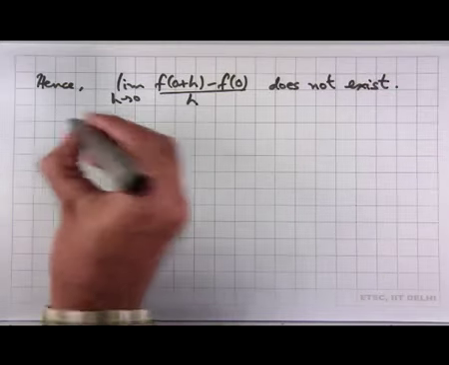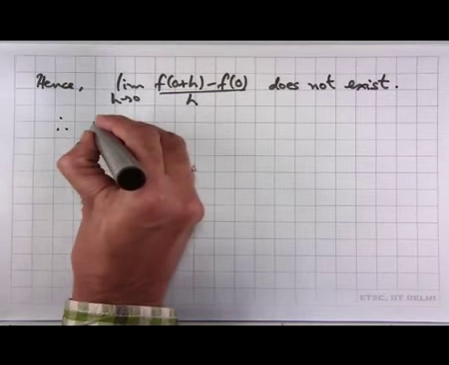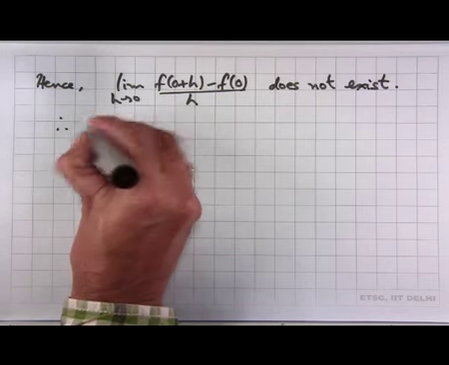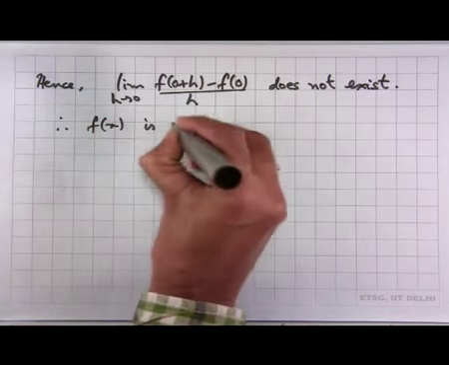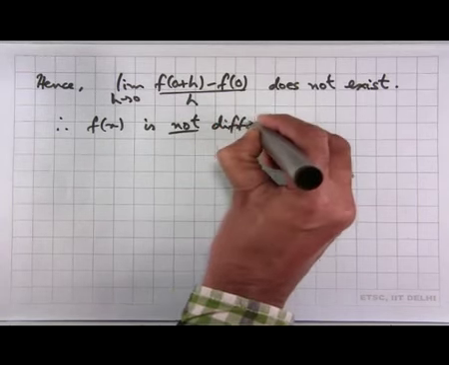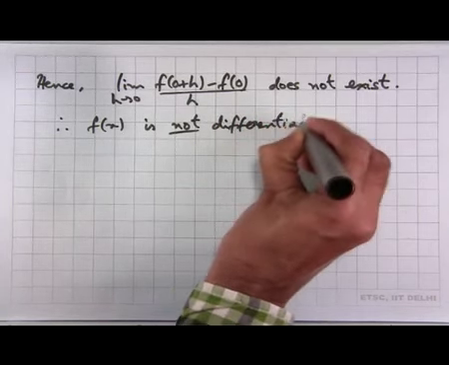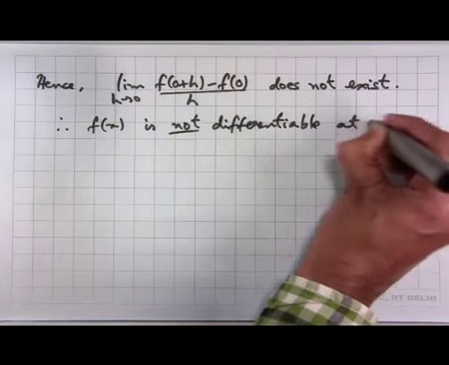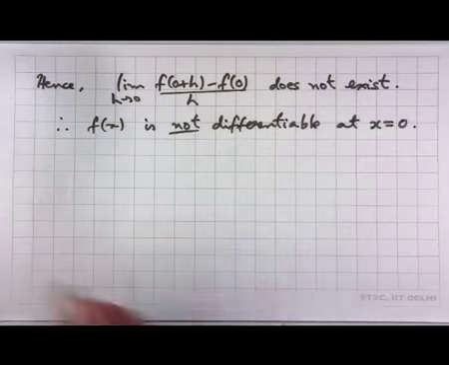Which means that the function f of x is not differentiable at x equal to 0. So, what is the conclusion?